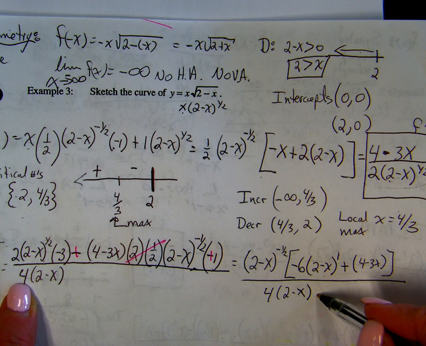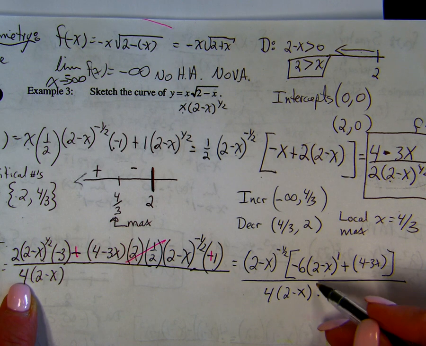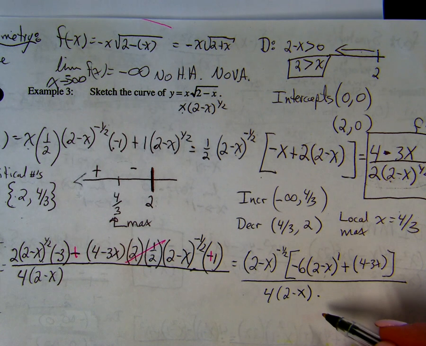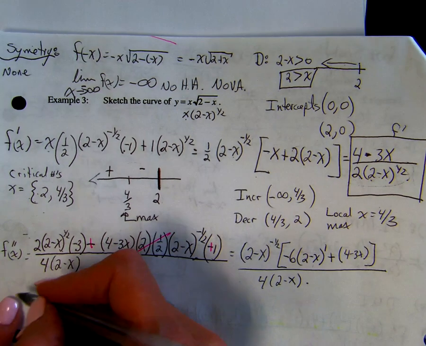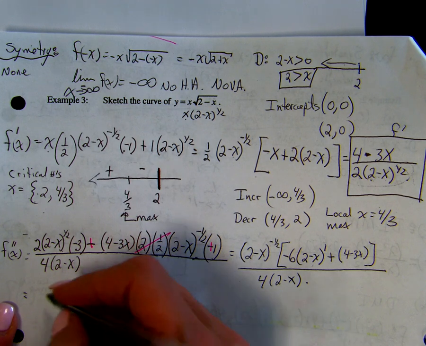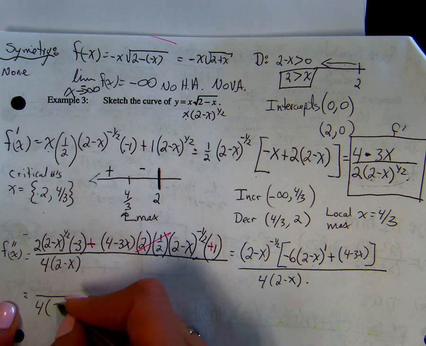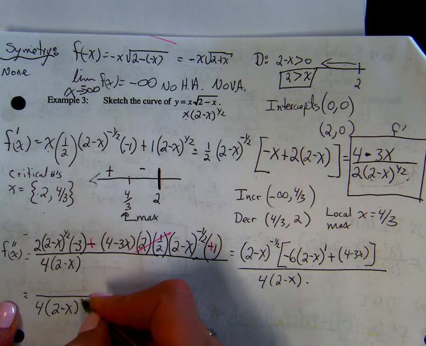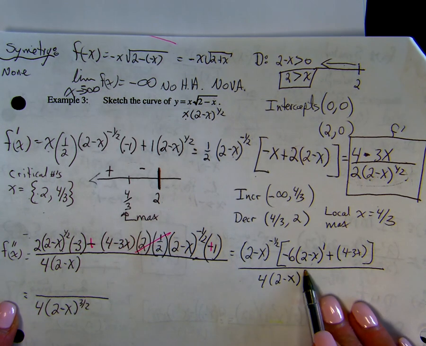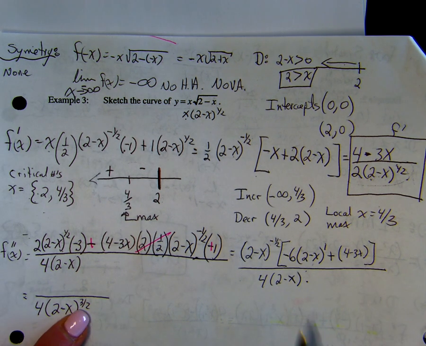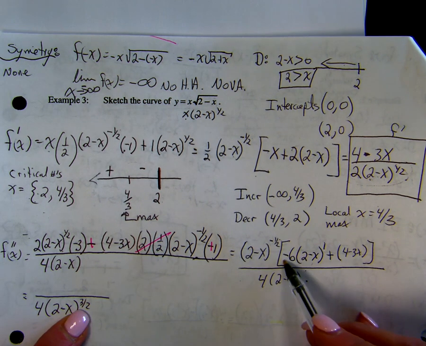Negative exponent, this is going to come down. So I'm going to get 2 minus x to the 3/2 in the denominator. So denominator, 4 bracket 2 minus x to the 3/2, because 1 plus 1/2 gives me 1.5, or 3/2.